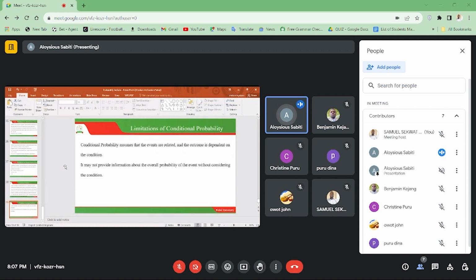So you must first know how many people got the condition before you can have the probability of the event occurring. So if you do not have the number of people who have suffered that specific condition, you may not be able to generate the probability.